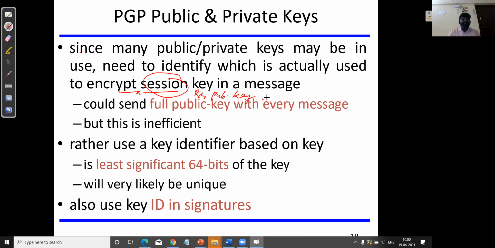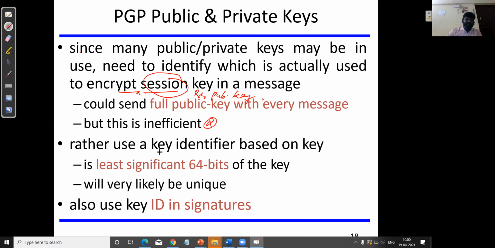Sending the public key along with every message that needs to be sent is insufficient, so what we can use is a key identifier based on the key.